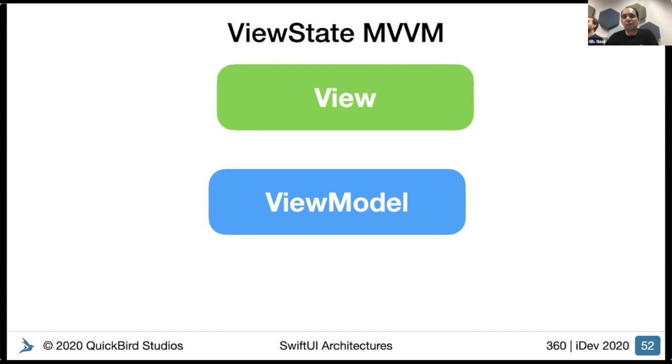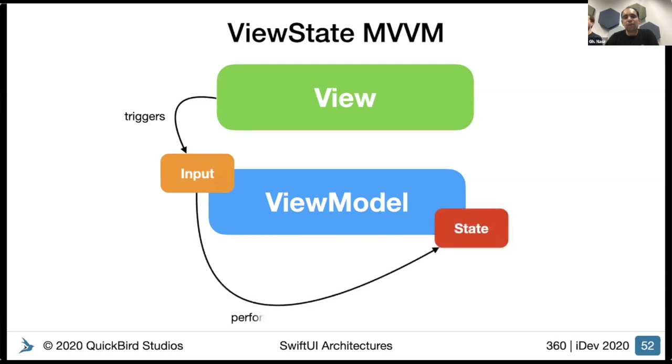So another way of presenting this whole flow is that the view triggers input on the view model, which performs an action on the state, and any change in the state is propagated back to the UI, to the view itself.